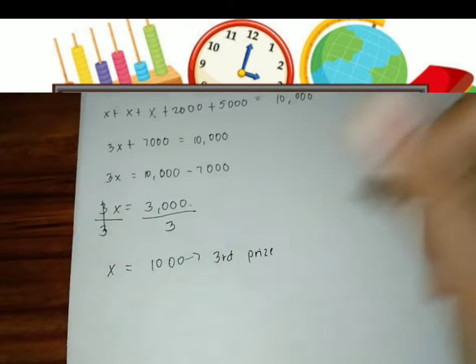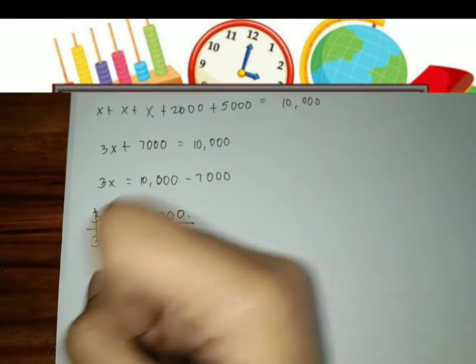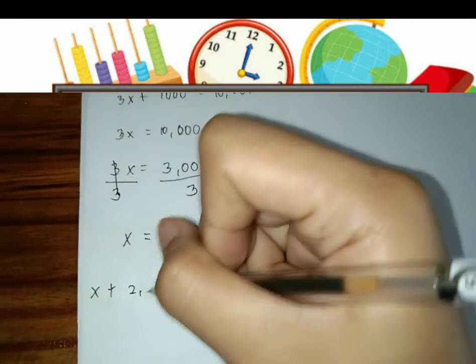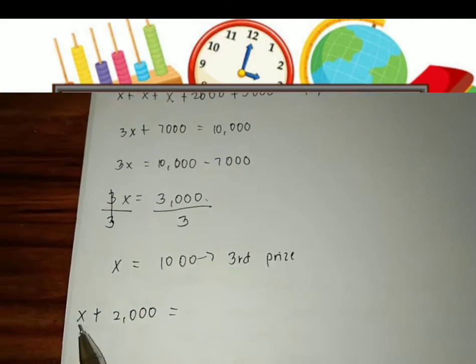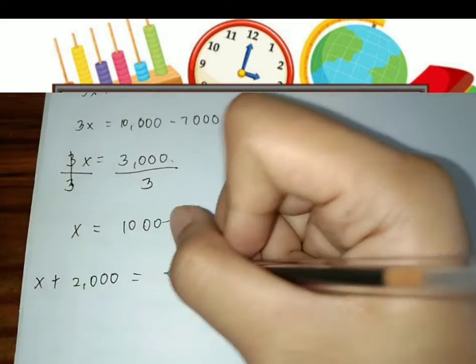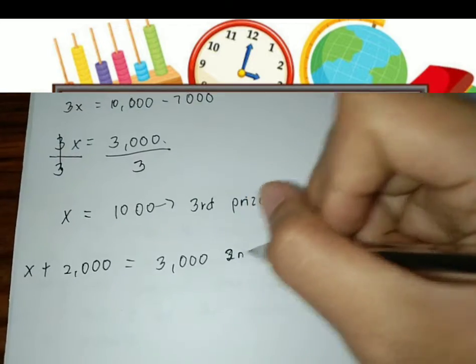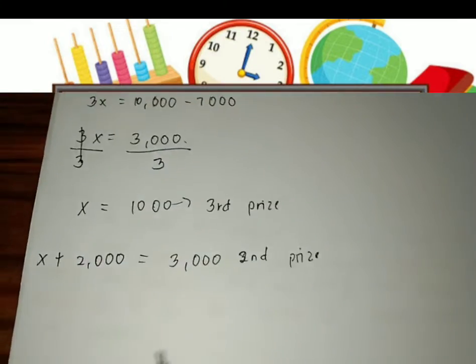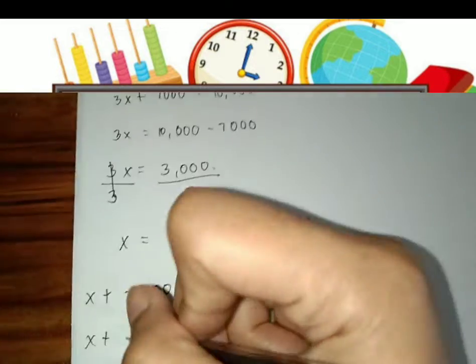Now we are going to look for our second prize: x plus 2,000. Our x is 1,000, so 1,000 plus 2,000 is equal to 3,000. So this is our second prize. Now we look for our first prize: x plus 5,000.